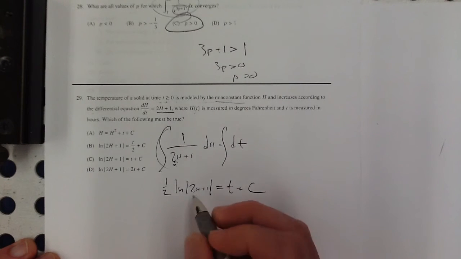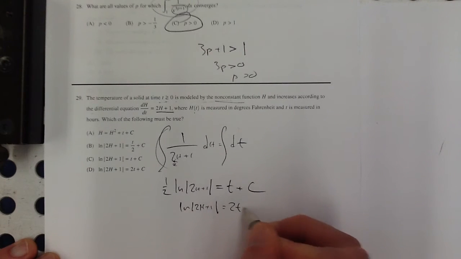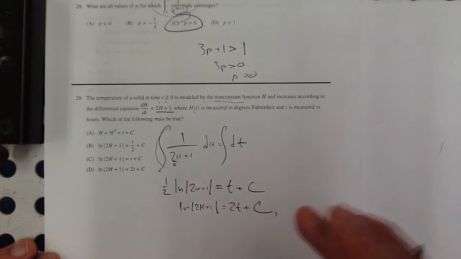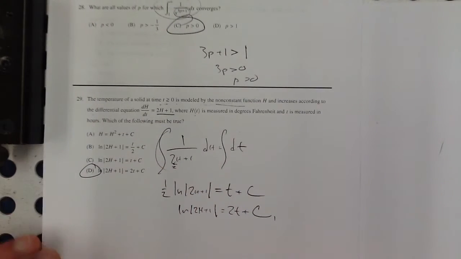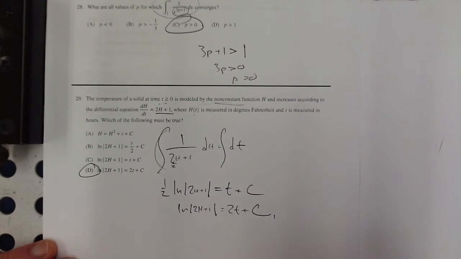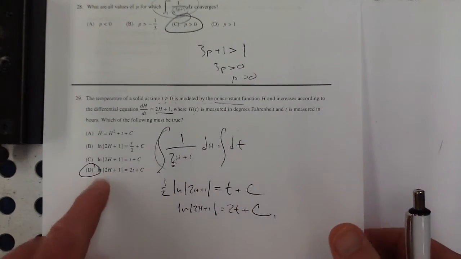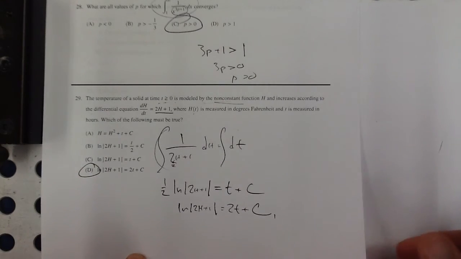So if I multiply both sides by 2 rather, I haven't solved for C yet, so it's just some other constant. It looks like D would have to be true. Could solve that, right? It could go further, but that's where I'm going to stop because that matches up to one of their answers.